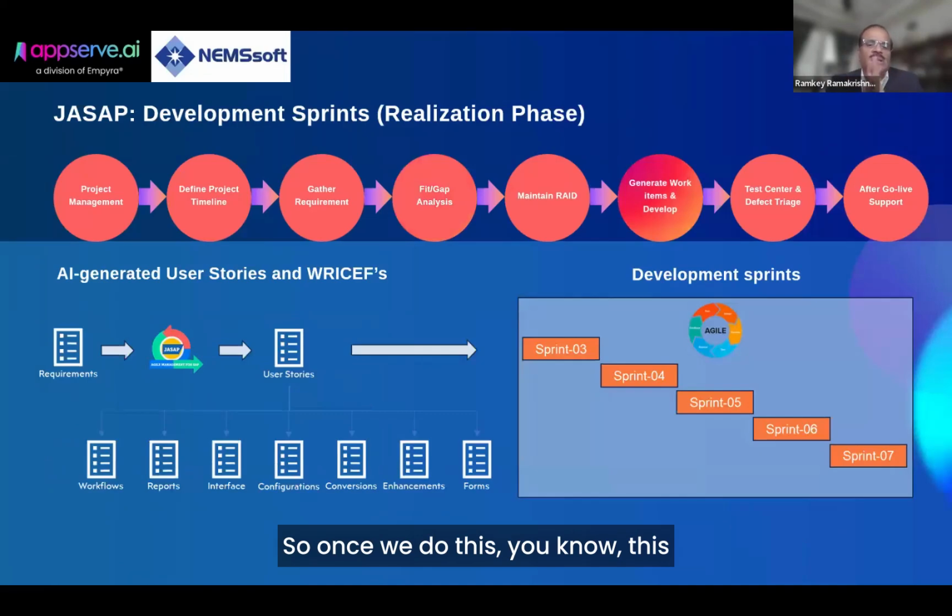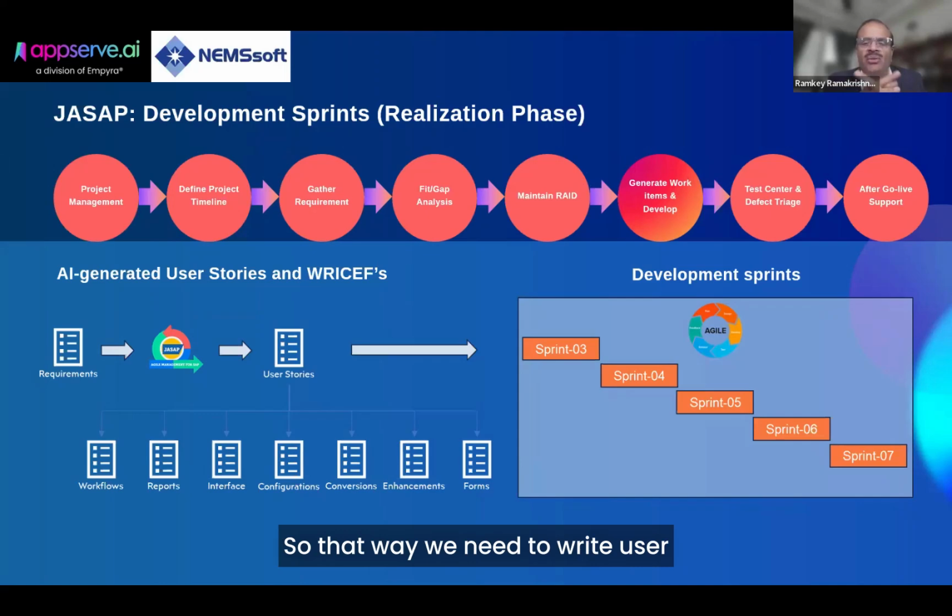Once we do this, this is a long exercise, might take 4 to 8 weeks, as we collect the requirements and put them in. Now we have to convert all these items into workable work types in Jira, so that we can start monitoring: this is a user story, this is a RISE item to be completed, things like that.